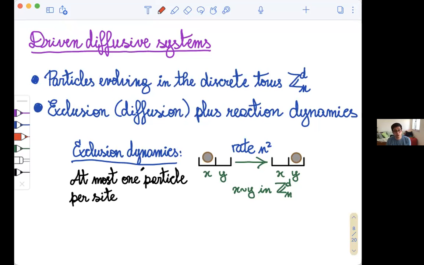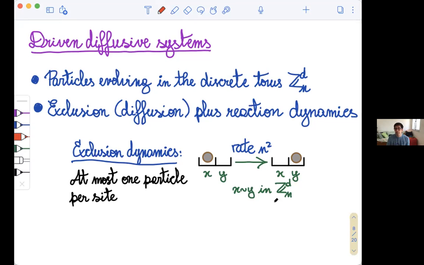So as before, we have the exclusion dynamics. So particles go from a site x to a neighboring site y. So this is what I meant by neighboring. So I'm using this symbol to denote neighbors. So I'm going to use the usual convention on the discrete lattice that two sites are neighbors if their L1 distance is equal to 1.